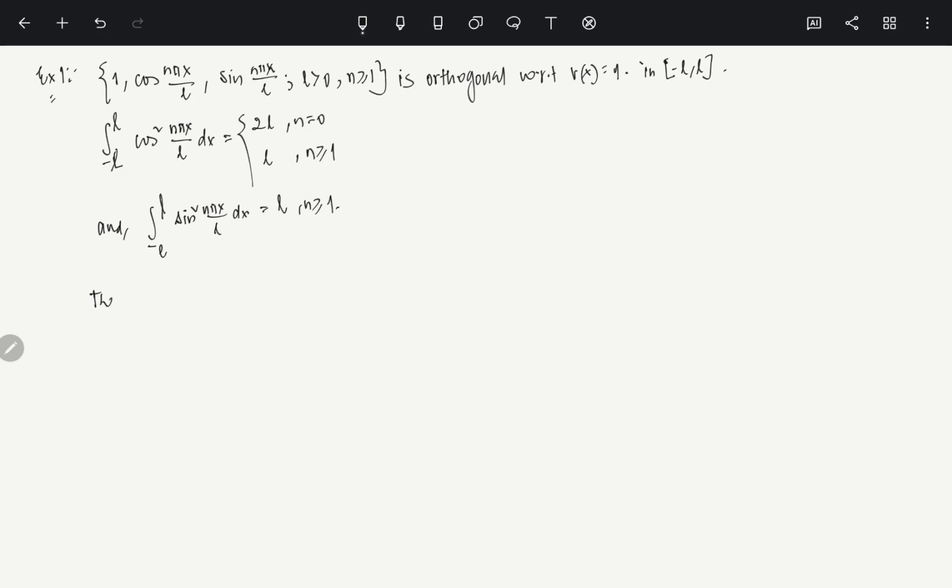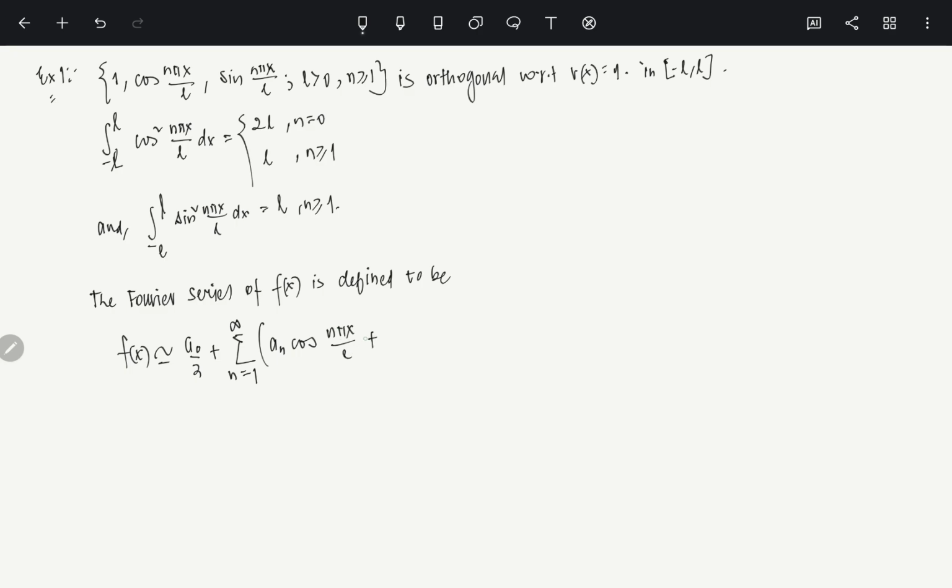The Fourier series of f of x is defined to be f of x, okay, it will look like this: a naught by 2 plus summation n equals 1 to infinity of an cosine n pi x by L plus bn sine n pi x by L. Is it okay? We can write it like this.